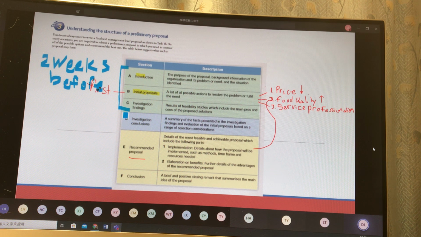Then on the exam day, I will give you the investigation conclusions. And then you will write this.